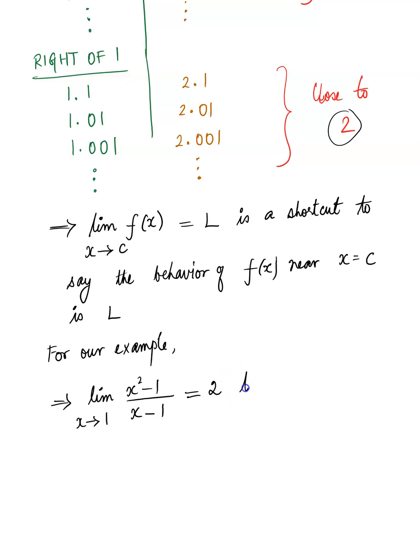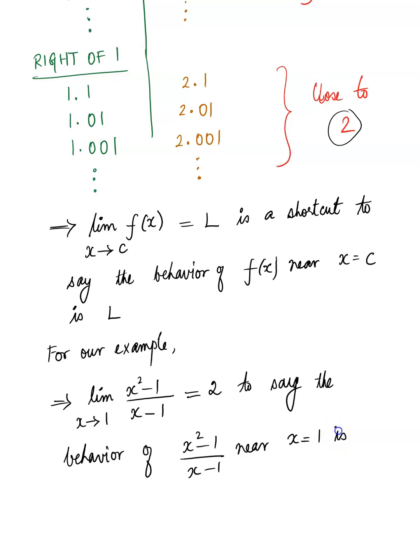To say the behavior of x squared minus 1 over x minus 1 near x equals 1 is 2. Does that make sense? Remember, we like to write it very concisely in math.